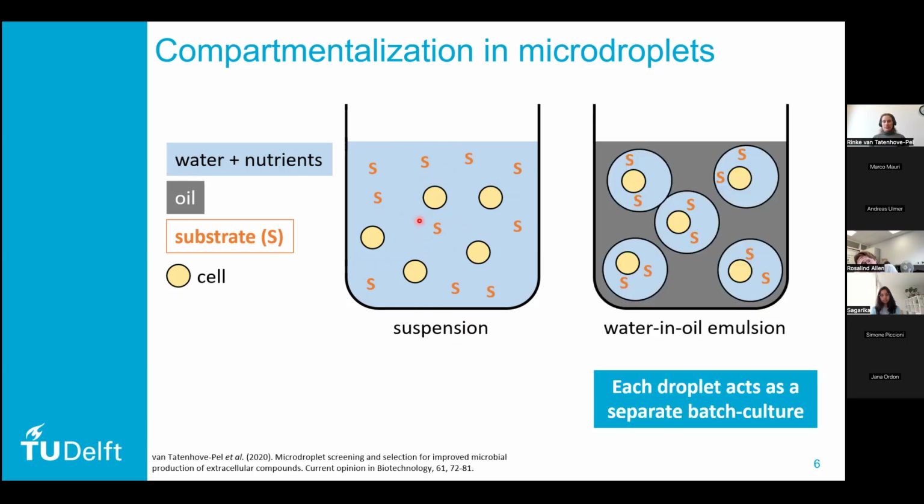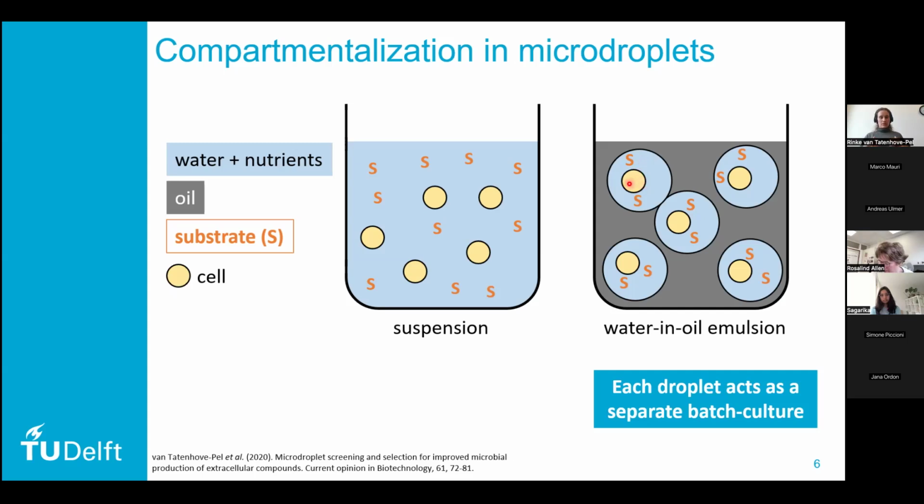But if we generate a structured environment, for example, by making these water in oil emulsions that I showed in the beginning, we now have small water droplets. We have our cell in there, and each droplet now contains a pool of substrate which is only available to this specific cell.